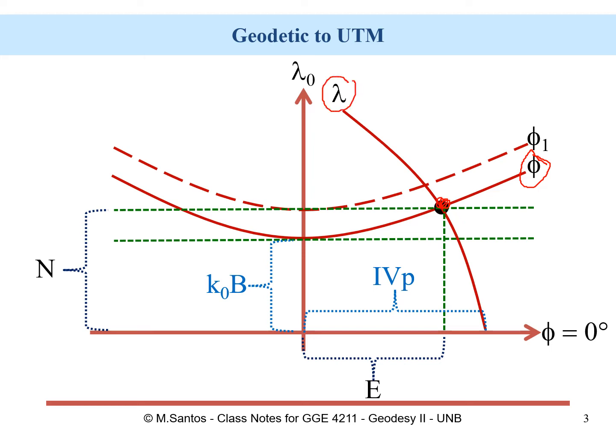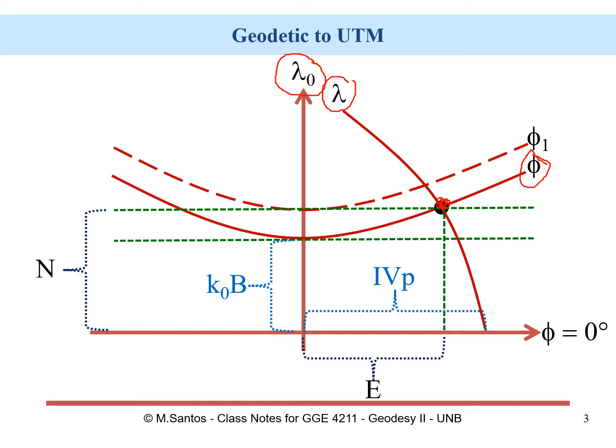The projected meridian and projected parallel are shown as curved lines. We know that the projected parallels are concentric facing the poles, and we know that the projected meridians are curved lines facing the central meridian, which is indicated here by its longitude lambda sub 0.